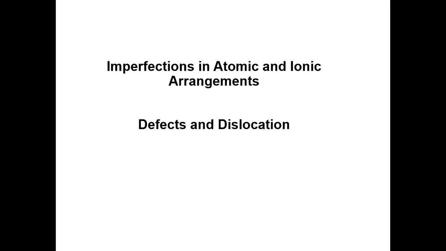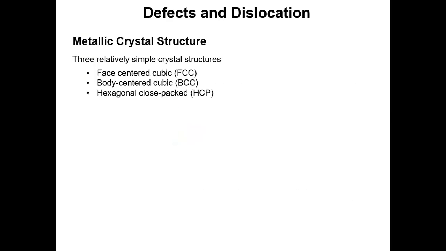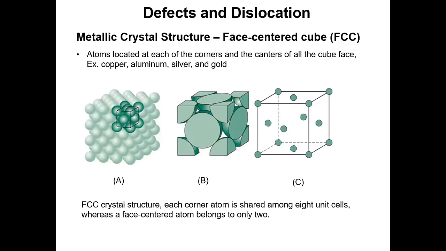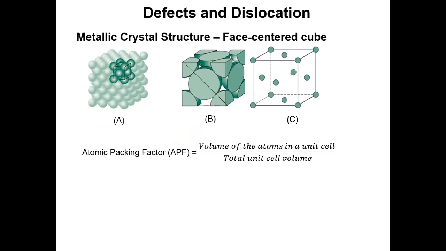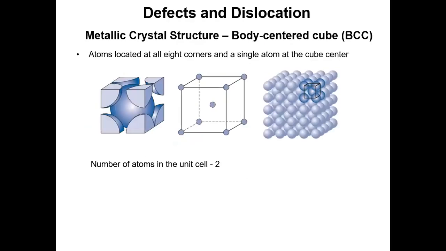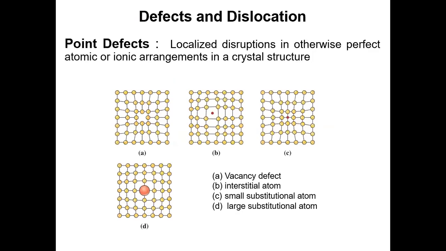So I already taught you about the crystal structures, the common crystal structures that we can find in metals, right? In all these cases, we assume they are pure metals, and we identified important characteristics of the crystal structure.